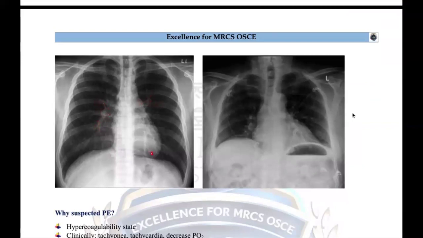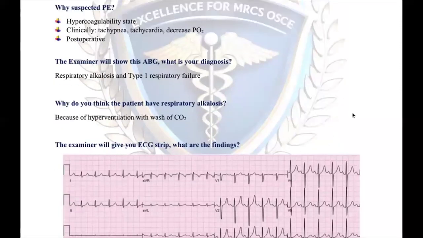Just dilated vessels. These are normal X-rays. So the main things they will ask about are the CTPA, ABG analysis, and ECGs. They are not concerned about the X-ray here.